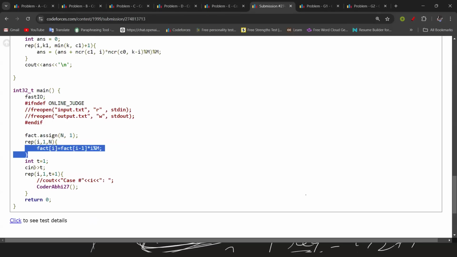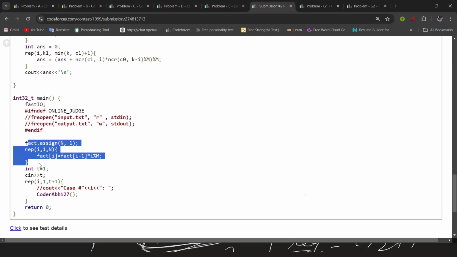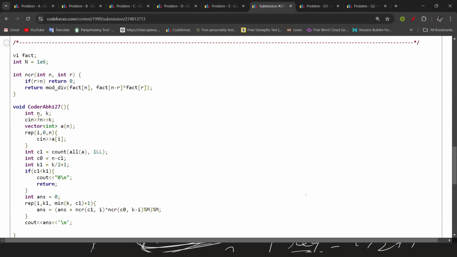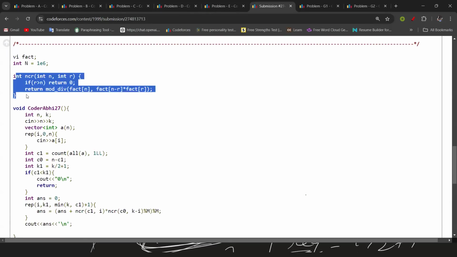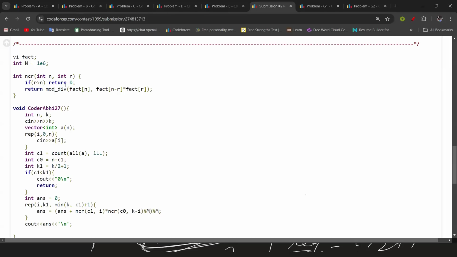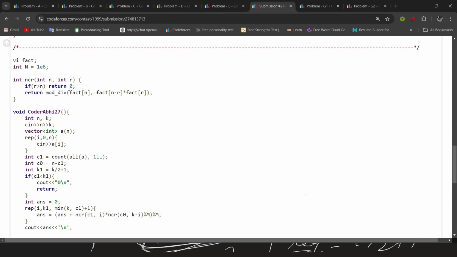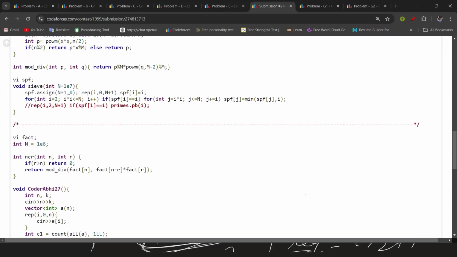Okay, now once this is done, I'm moving to every test case. Here I've taken n and k as input. I've created my nCr function to calculate. If r is greater than n, I'm returning 0 here, so I handle any case where the required value is more than n. And I've created a modulo division function.